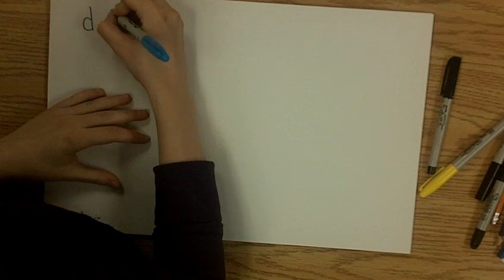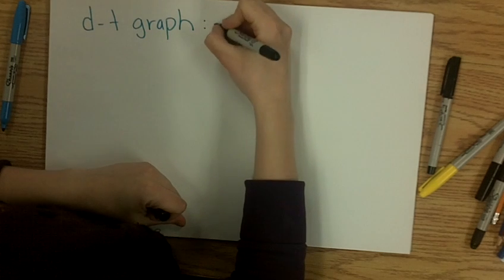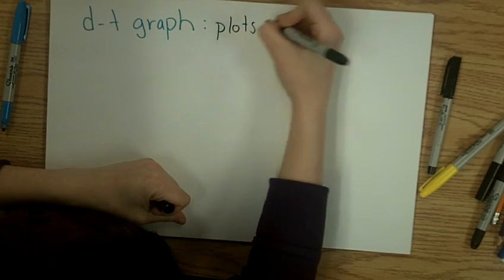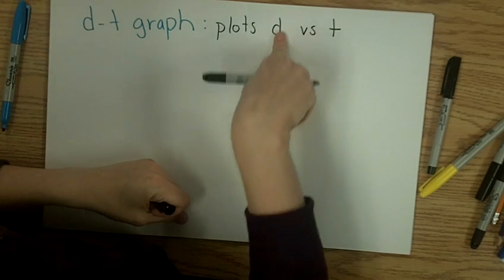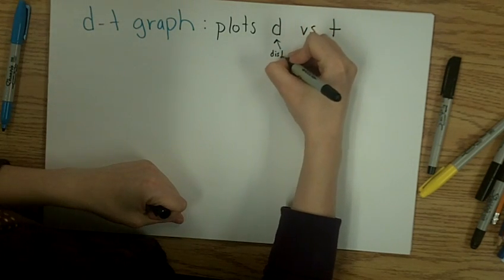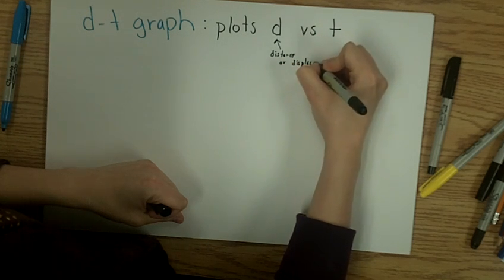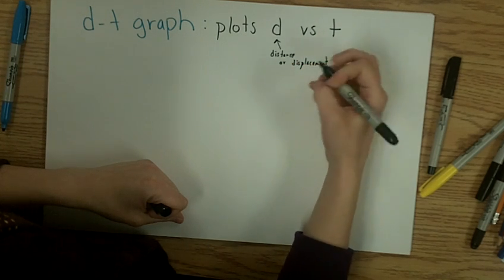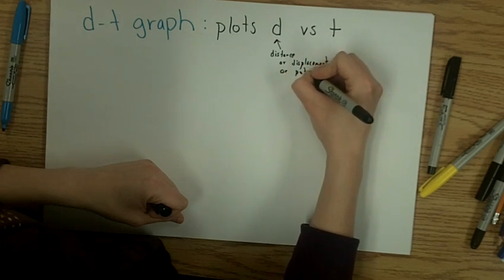A DT graph is a graph in physics that plots d versus t. This d could be either distance or displacement. Sometimes we even call them PT graphs because we're referring to position.